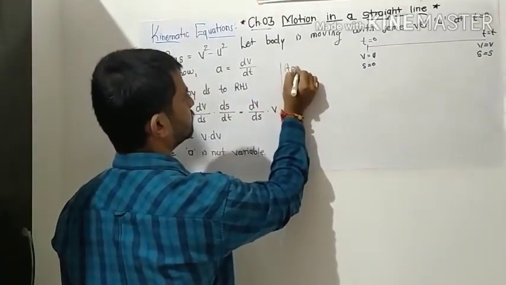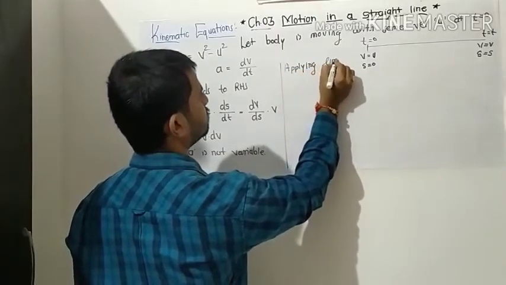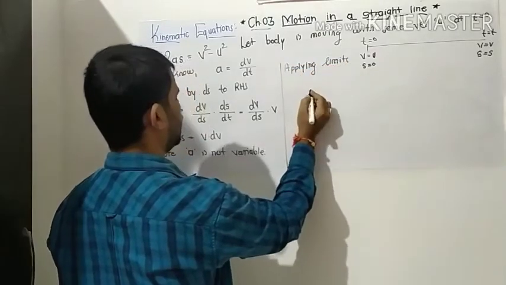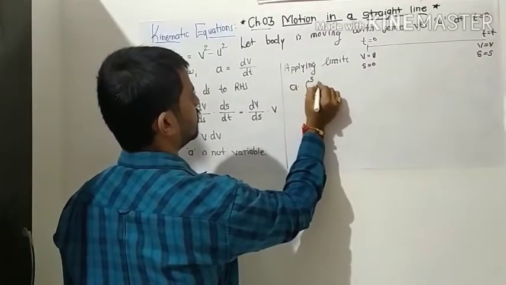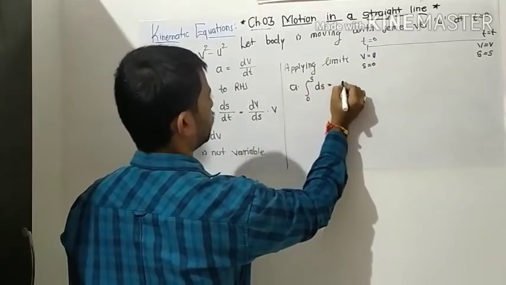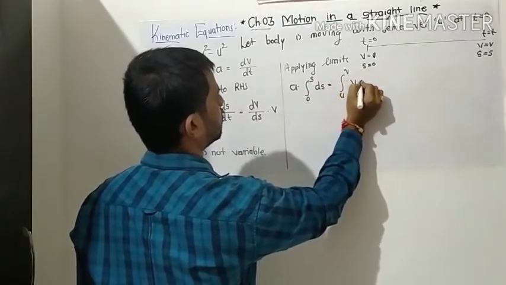Applying limits, we get a integration 0 to s ds is equal to integration u to v v dv.